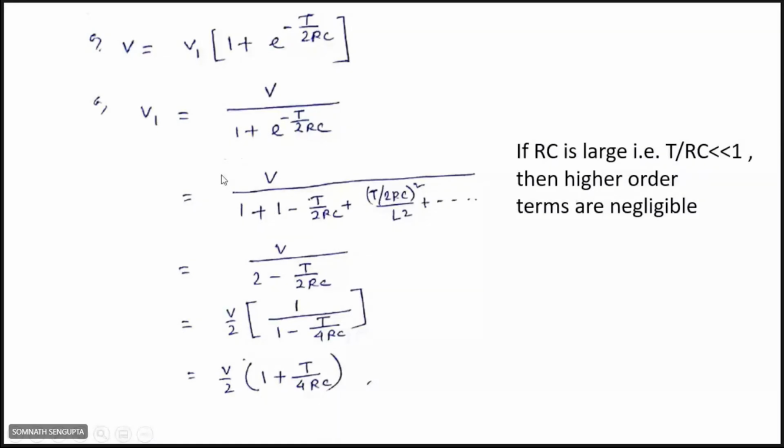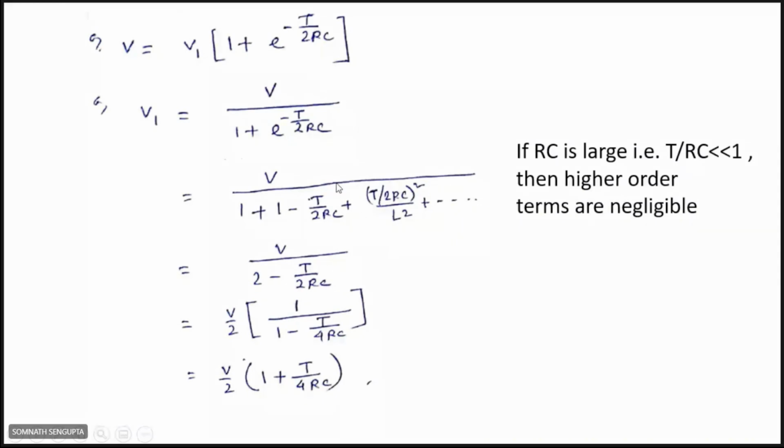Now here we have got one series, that is in the form of e to the power minus T by 2RC. It is written as 1 minus T by 2RC plus T by 2RC whole square by factorial 2. So this is the formula for e to the power minus x. You may be knowing it well.